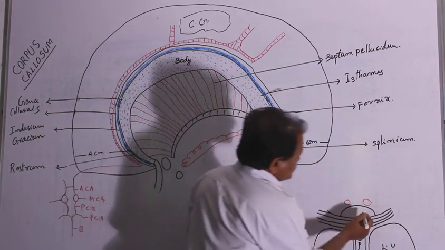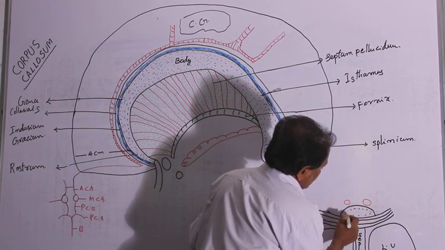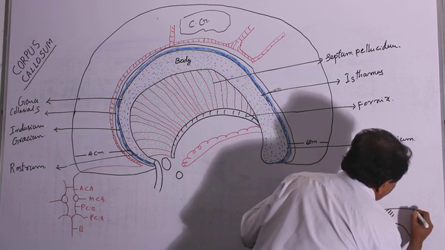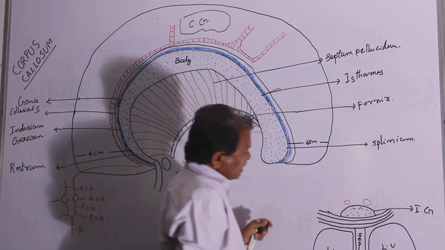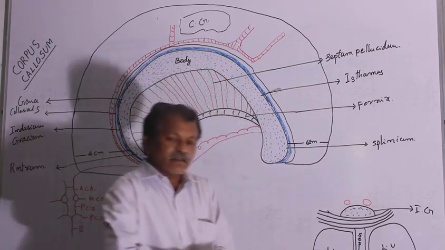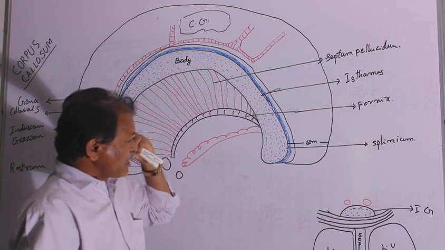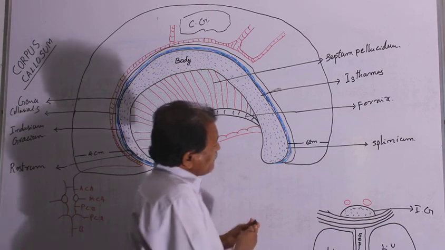Superior to this is gray matter, called the indusium griseum. Further superiorly, there are the anterior cerebral arteries, the right anterior cerebral artery and the left anterior cerebral artery. So here what happens?